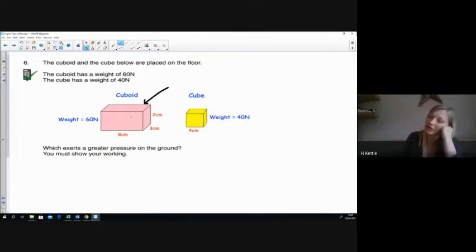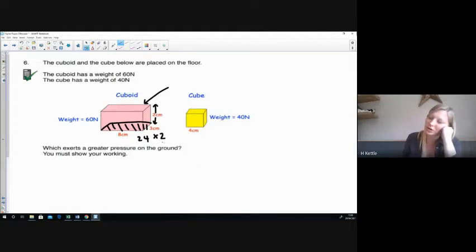Volume is the area of the cross-section times by how far back it goes or by how tall it is. So we already worked out that this face was 24. So if I wanted the volume, I would have to times it by how tall it is, 24 times 2. So that would be 48 centimetres cubed. I don't need the volume for this question, but it seems to be on your revision list, so just good to have that in mind.